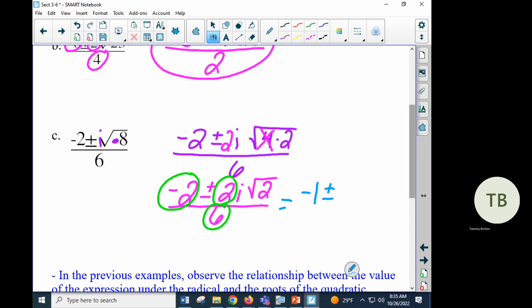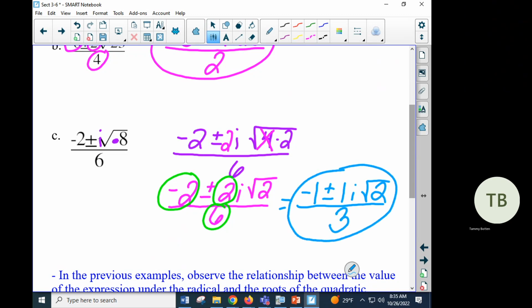Plus or minus 2 divided by 2 is 1. If it helps you to put a 1 there, you can. You don't have to. This one you have to put because it's holding this place. But the one here you could put, but you don't have to. Again, we can't change that 2. 6 divided by 2 is 3. And this is your answer.